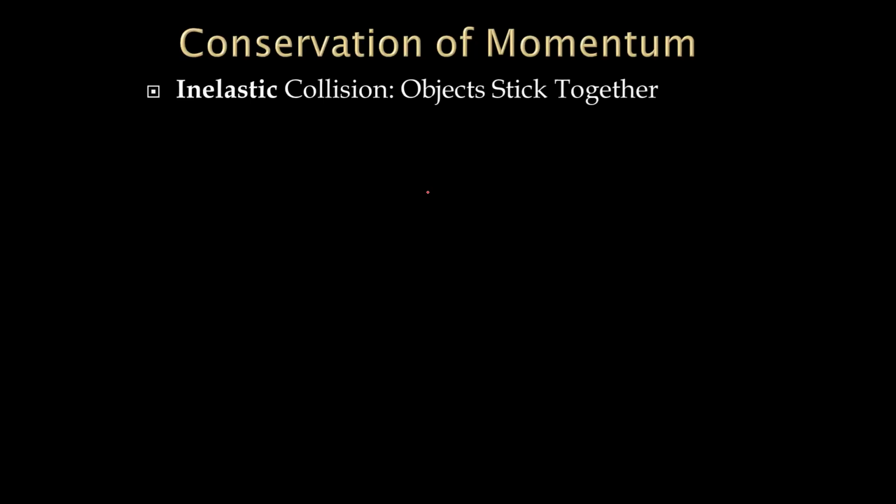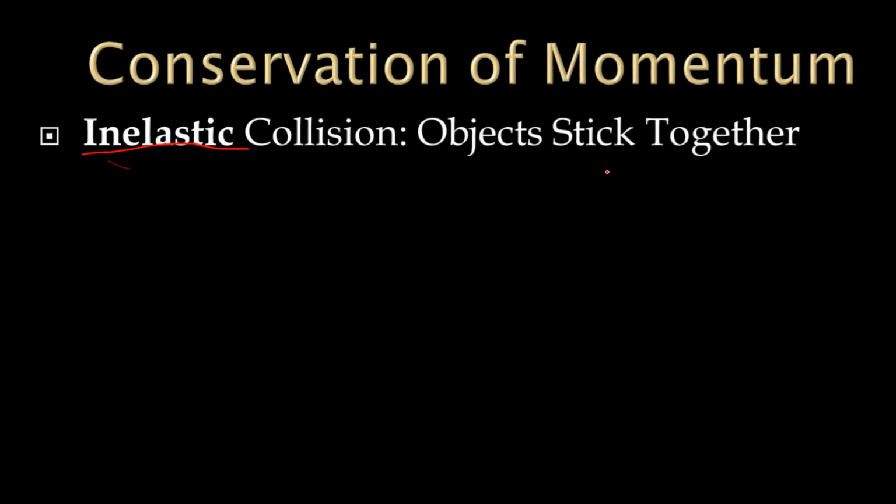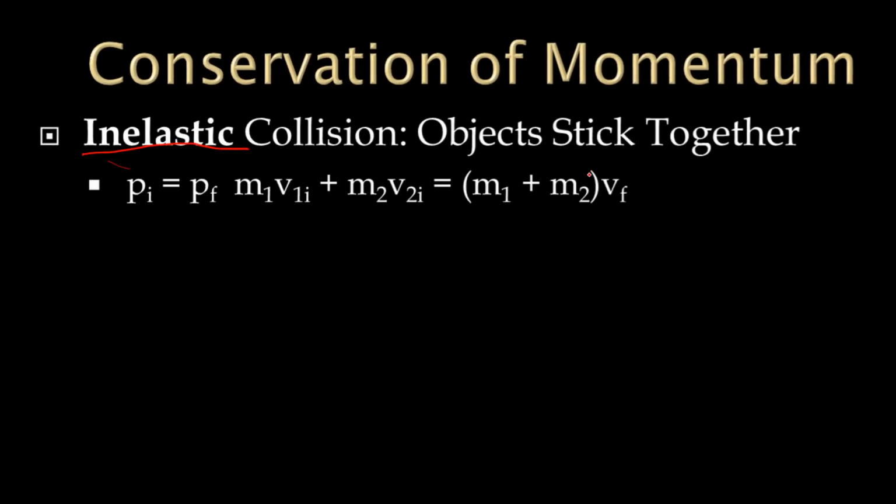We've looked at one type of collision, the elastic collision, where the two objects separate after the collision. Now we're going to look at another type of collision referred to as an inelastic collision, where objects stick together. Because it's a collision, we still have the condition where our initial momentum equals our final momentum.